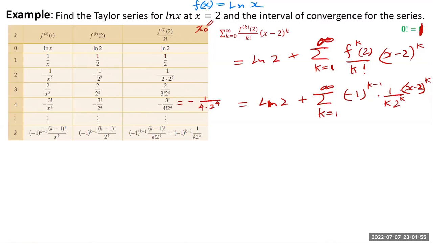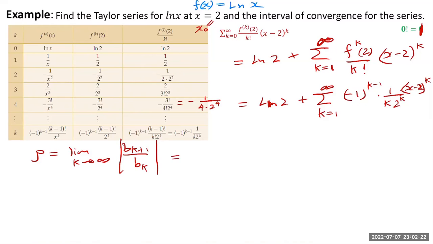Okay. Let me calculate rho. Rho is equal to the limit as k goes to infinity of the absolute value of b_(k+1) over b_k.